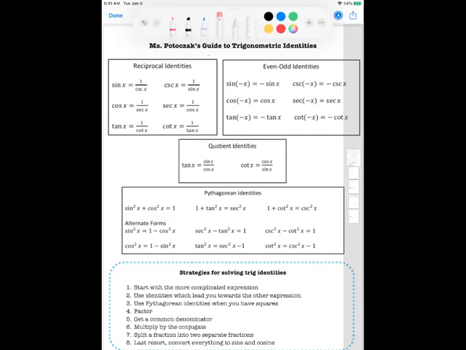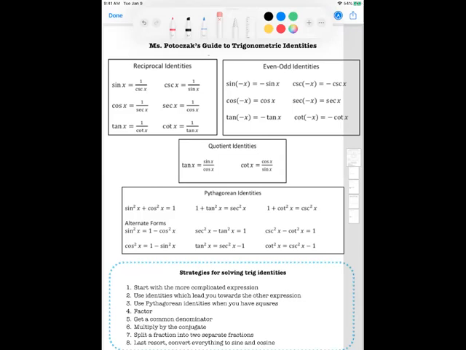Specifically, the Pythagorean identities, I added these to this list here, the alternate forms, which we get by simply algebraic manipulation, such as adding or subtracting one of the terms from one side to the other. And this is going to be helpful because sometimes this is going to better fit our problem.